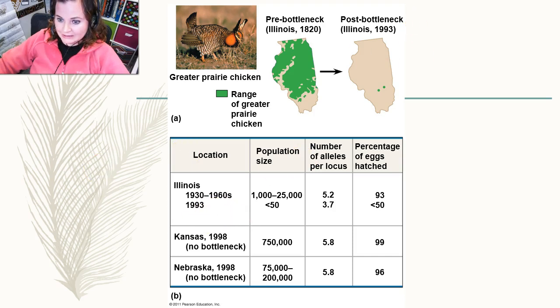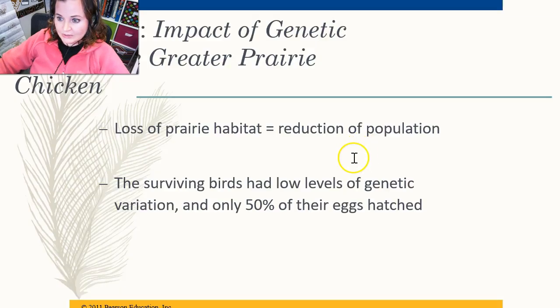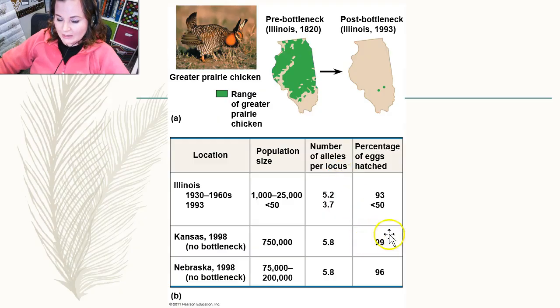In Kansas, we don't see the bottleneck, because most of the chickens survived, so you don't see a reduction in the number of chickens that hatch. You still have 99% hatching, whereas in Illinois, you're seeing less than 50% hatch.